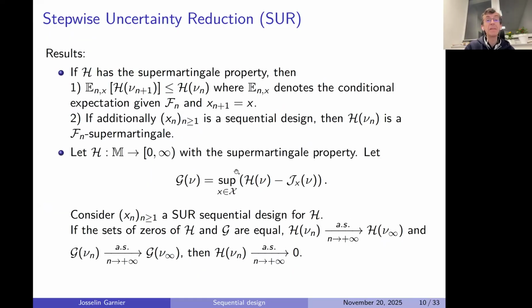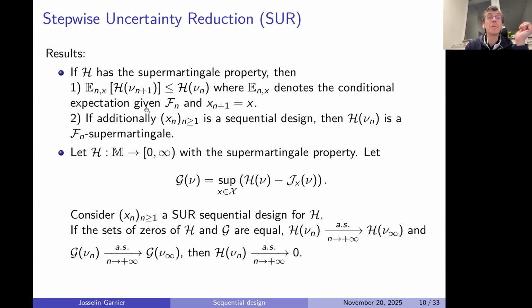So now you may say that you can combine the two definitions. If H has the supermartingale property, then since Xn is a sequential design, the expectation of H of nu n given Xn plus 1 is the expectation of H nu n given Fn, and it's something that decays.